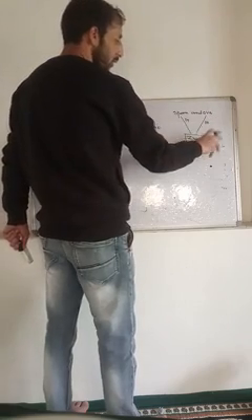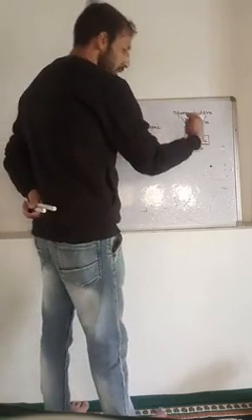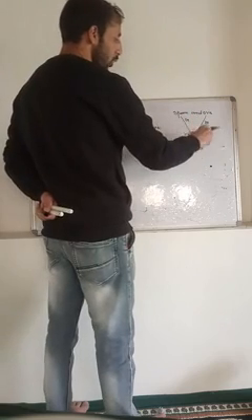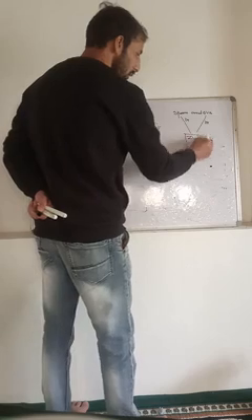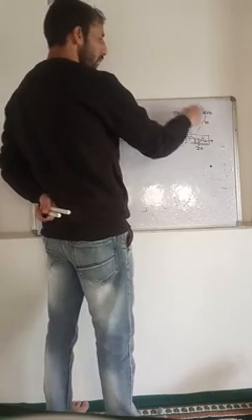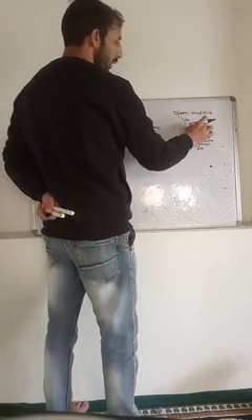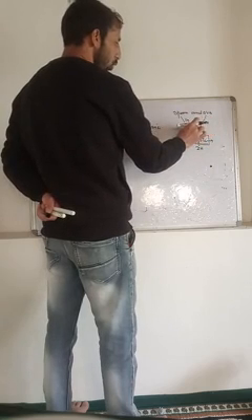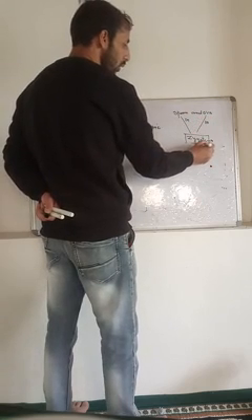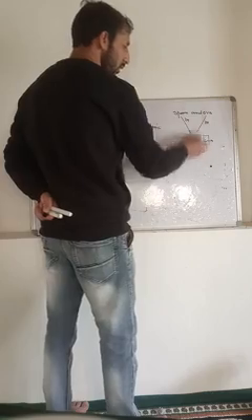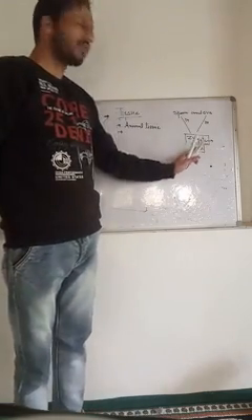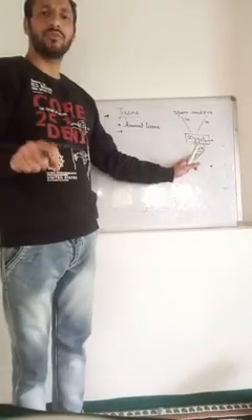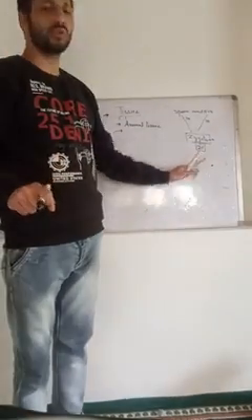So to retain the diploid number, the chromosome number, in the zygote, it receives one set from the male and another set from the female. The zygote is a single cell with the diploid number, I mean 46 chromosomes.